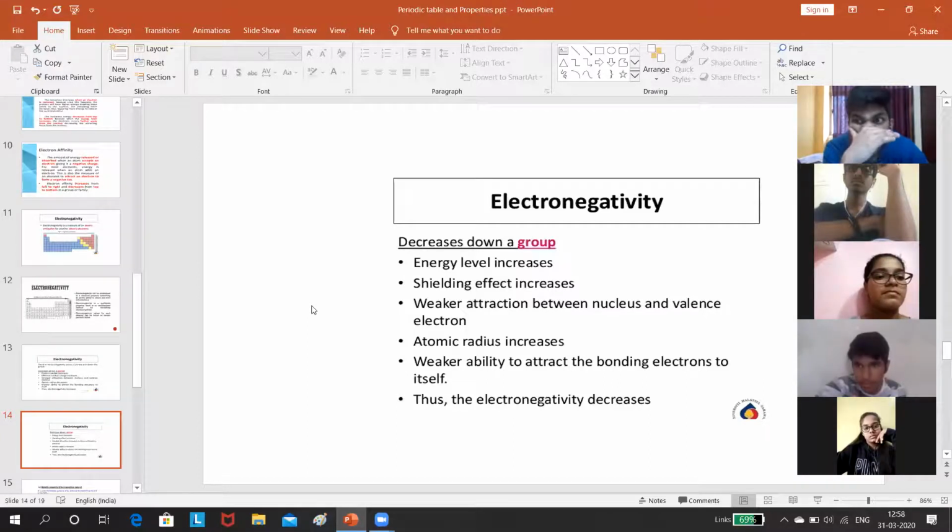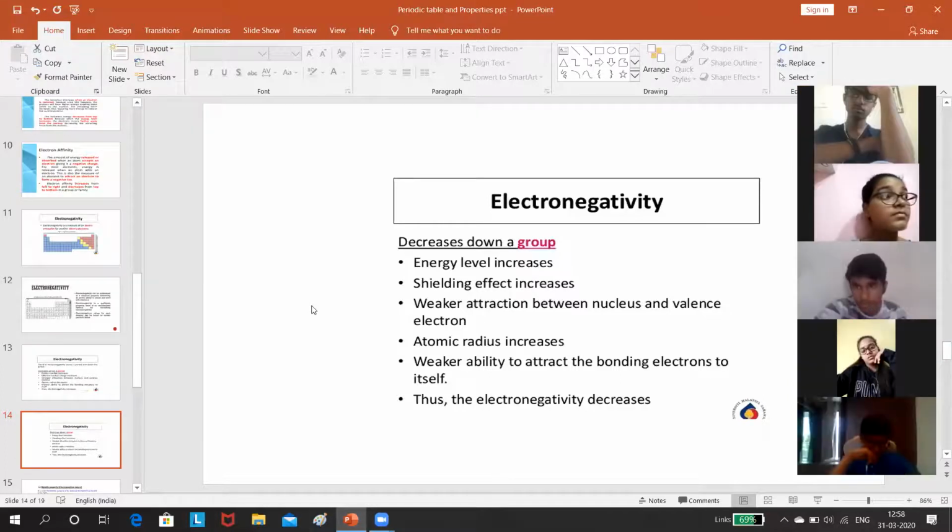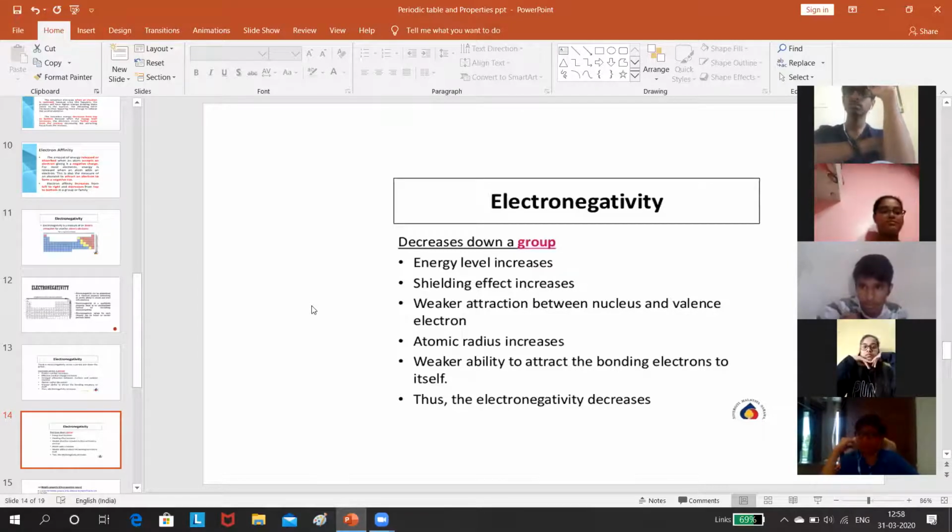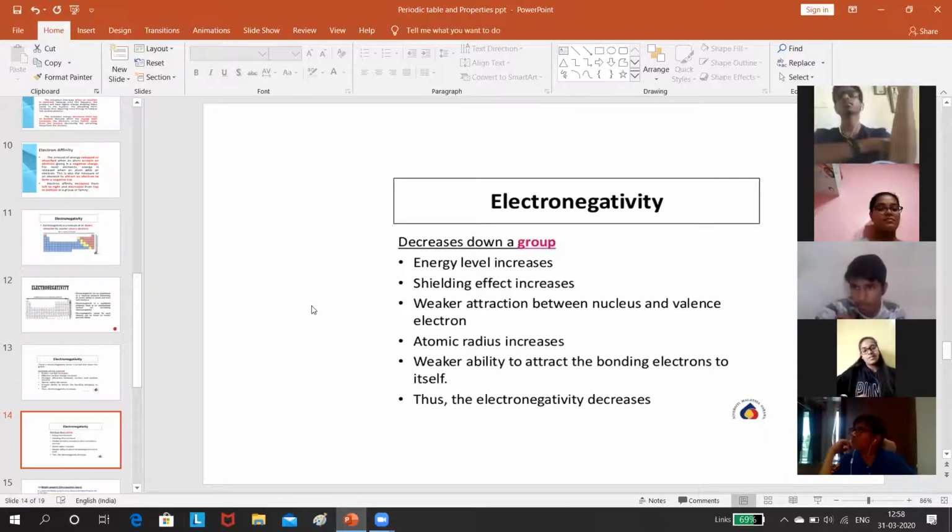If we observe the shared electron pair in an HCl compound, it will be near to chlorine and far from hydrogen. Hydrogen will give one electron, chlorine will give one electron. That pair of electrons is shared between hydrogen and chlorine. The shared electrons will be close to chlorine and far from hydrogen.